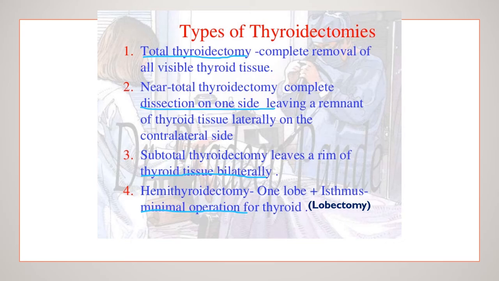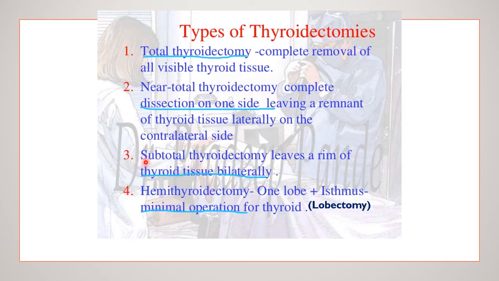Types of thyroidectomies. What are the thyroidectomies commonly done for thyroid cancer? First is total thyroidectomy, where the complete removal of all visible thyroid tissue is undertaken. This is quite straightforward. There's no controversy over it. Secondly is the near total thyroidectomy, where there's complete dissection on one side, leaving a remnant of thyroid tissue laterally on the contralateral side.